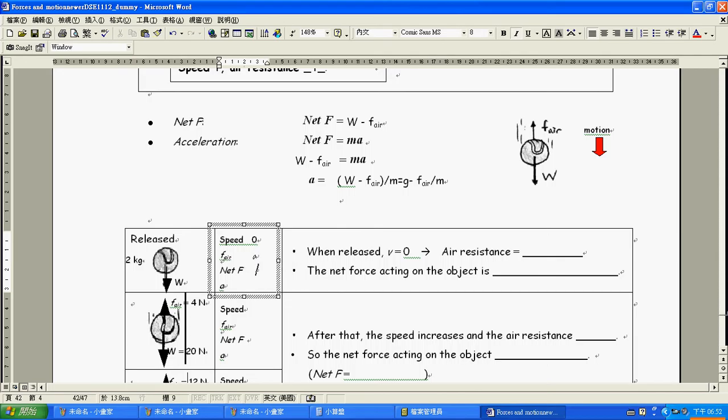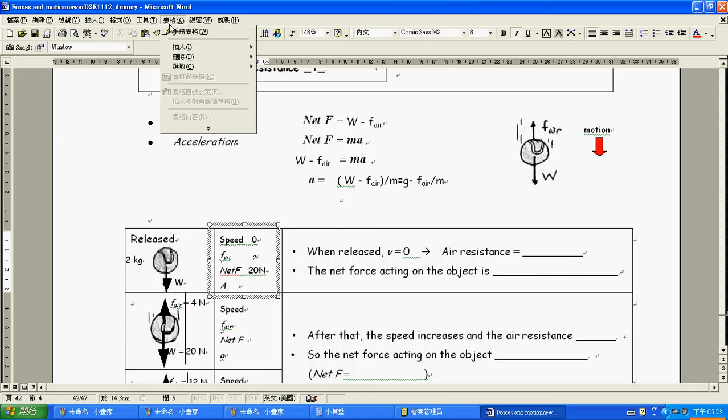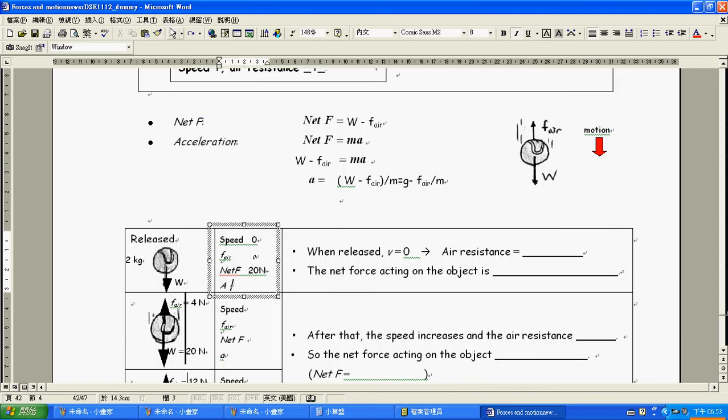So the net force should be equal to the weight, 20 Newton. So therefore, the acceleration should be 10 meters per second squared.